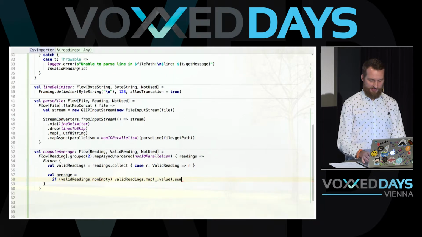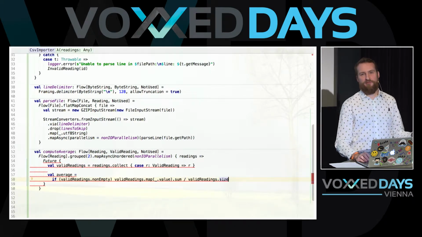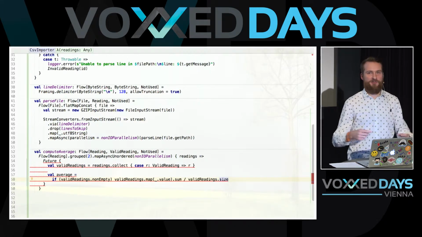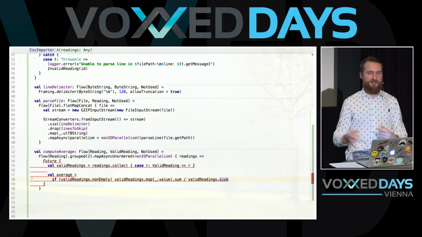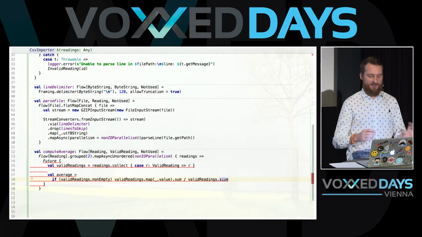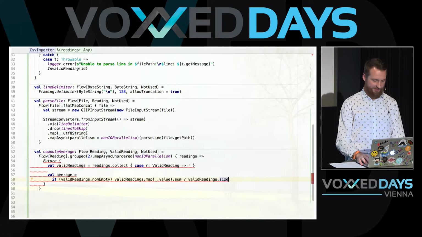So now we're going to sum the values and divide them by the size of valid readings. Of course, this might be a bit of overhead when there was only a single valid reading, because then we could just return it. But for the sake of simplicity, I don't want to write another if branch here. Let's say we'll be a bit not too performant when computing an average of a single reading.